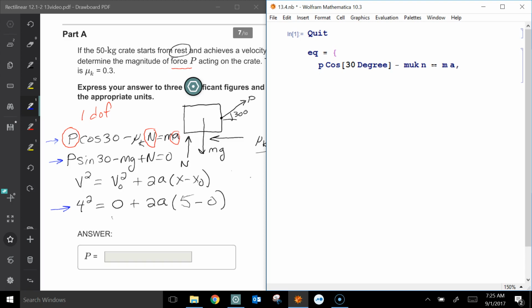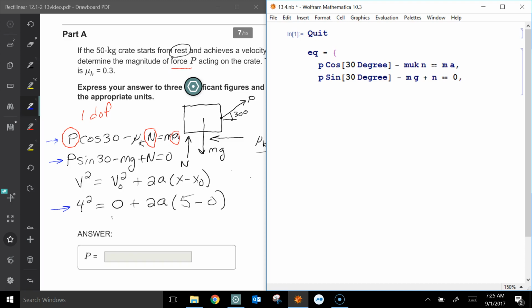Since it's a set of things, it begins with a curly brace, and we have a comma between the equations. Second equation, P Sine starts with a capital because it is built in and it knows how to calculate that. 30 degrees minus mg plus n, 2 equal signs because it's an equation.